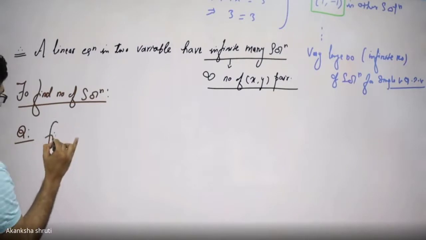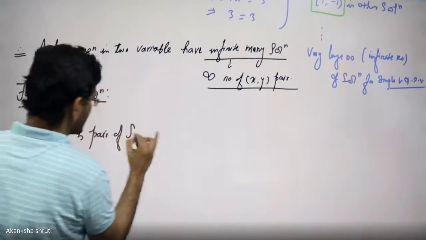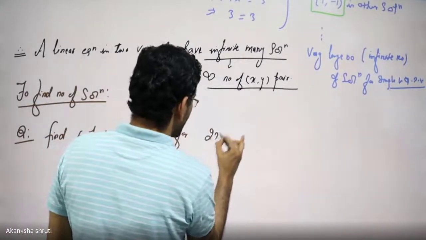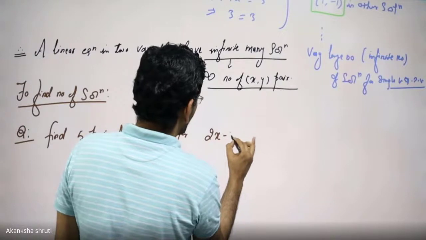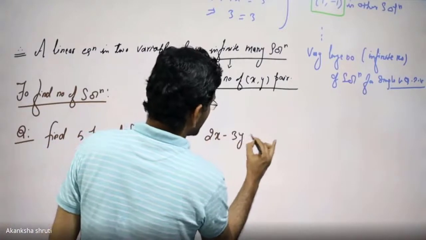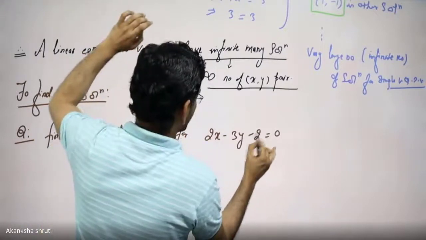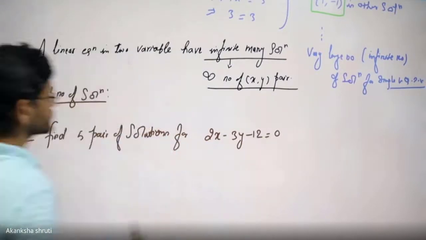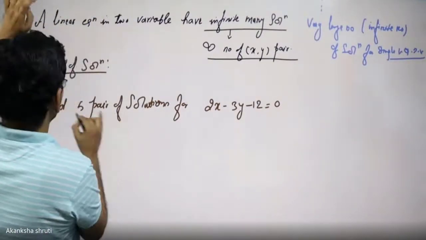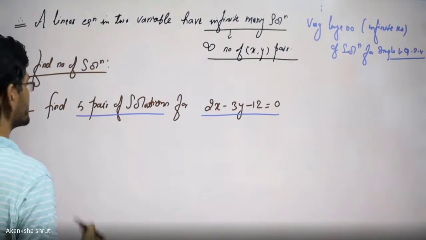We have to find 5 pairs of solutions for the equation 2x minus 3y minus 12 equals 0. So students, we have this question: find 5 pairs of solutions for the equation 2x minus 3y minus 12 equals 0. We have to find the 5 pairs.